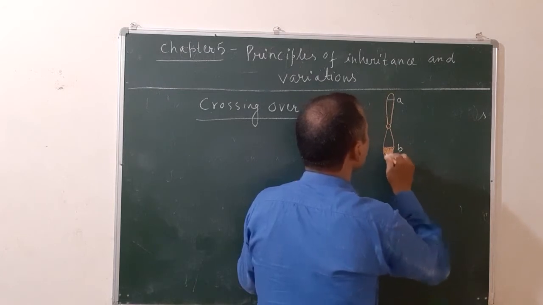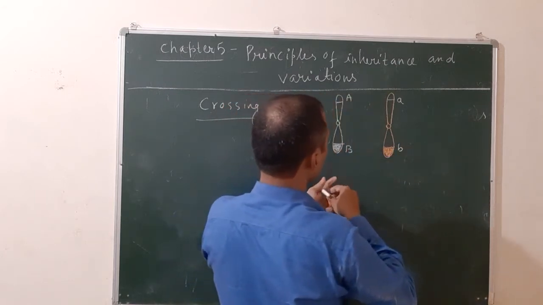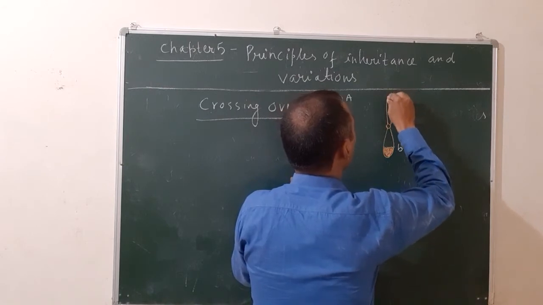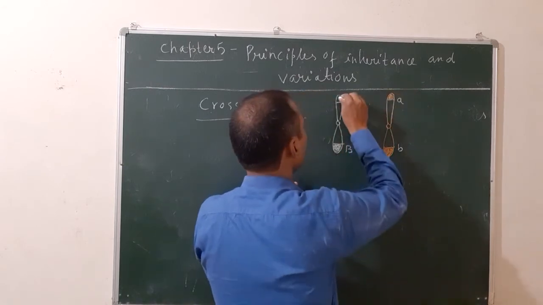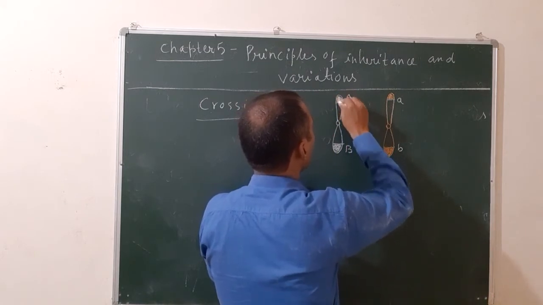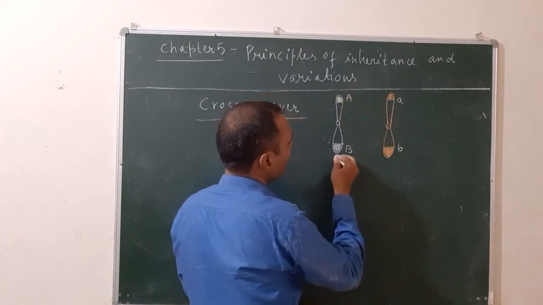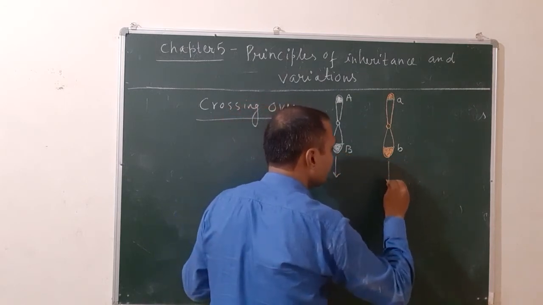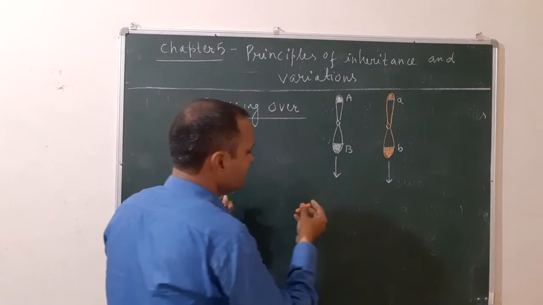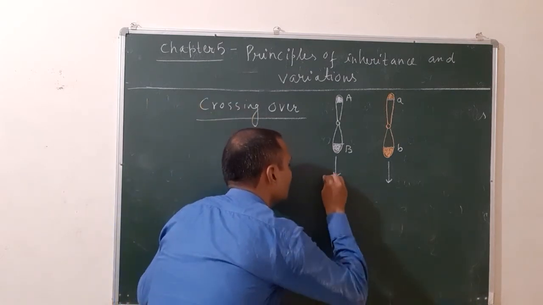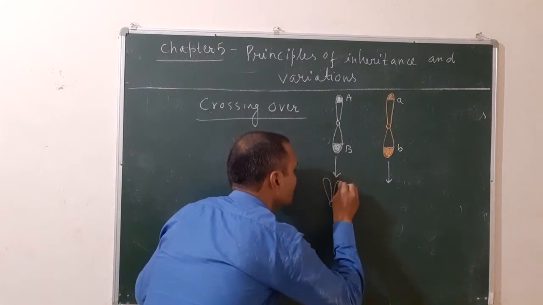During crossing over, first of all, the DNA content becomes doubled by the process of DNA replication, and each chromosome is converted into two chromatids.